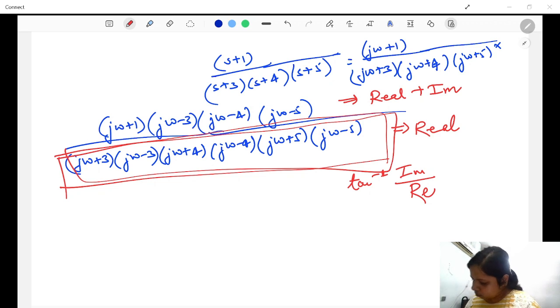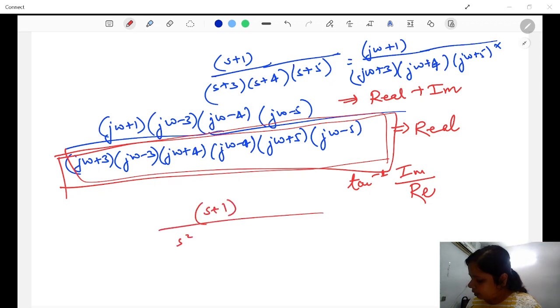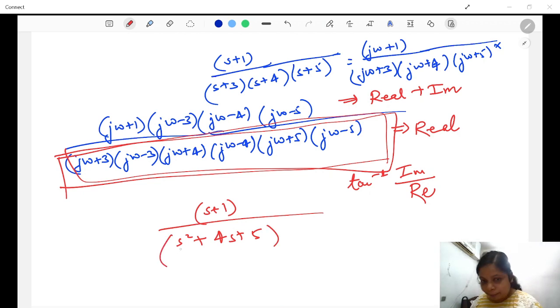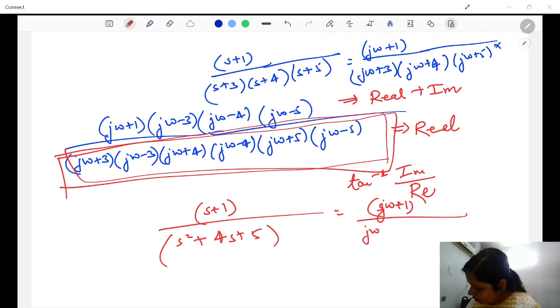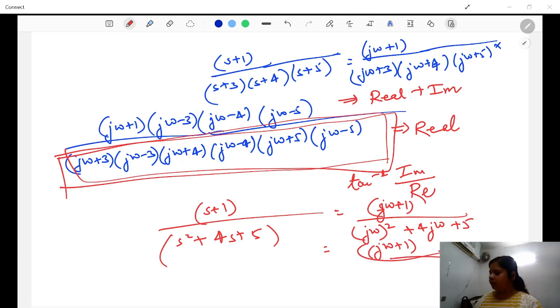Another case is if you have something of this form: s plus 1 over s square plus 4s plus 5. Let's say of this term. Okay. Simplify this. You write here j omega plus 1 over j omega square plus 4j omega plus 5. J square omega square is minus omega square, right?